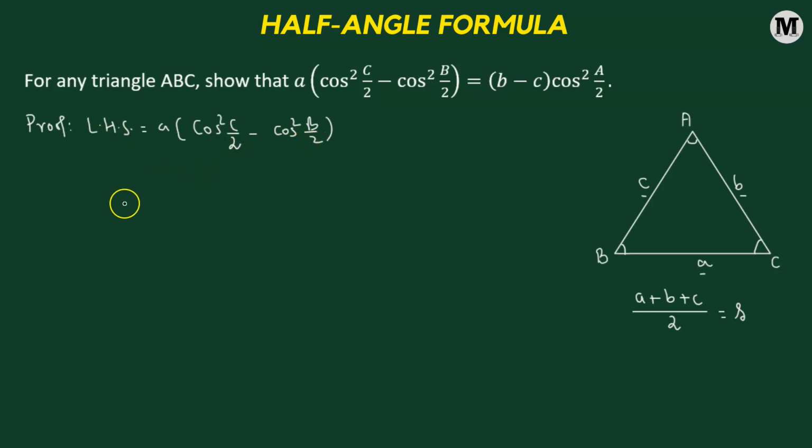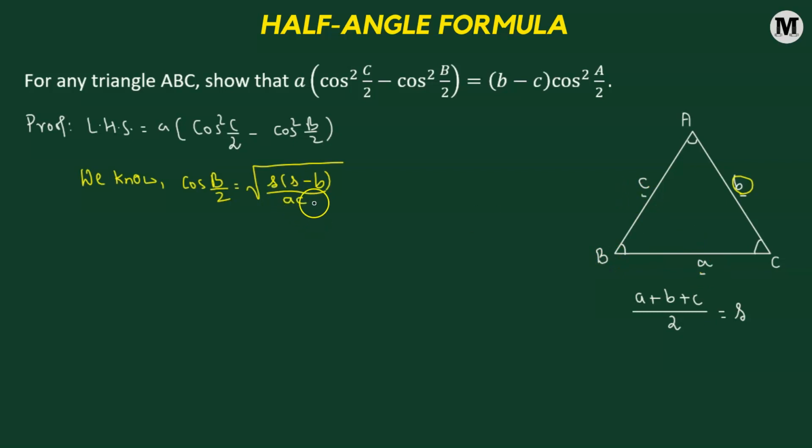Let's note them down. We know that cosine of the angle, let's start with B over 2, is given by the square root of s multiplied to s minus the side that is opposite to angle B, so that's going to be b, and we're going to divide it by the product of the sides that are adjacent to angle B. So that's going to be a and c.